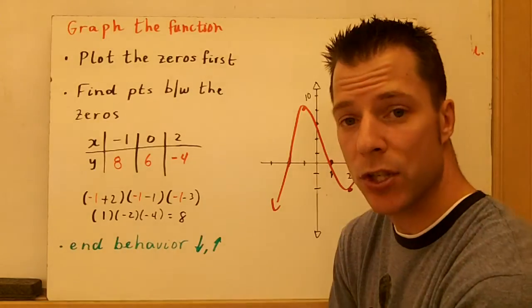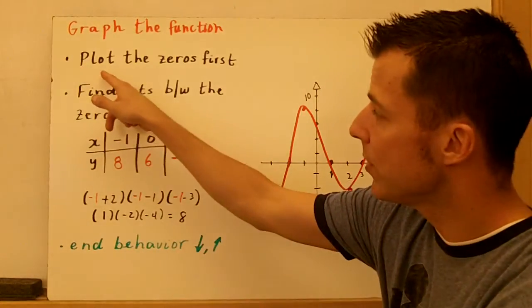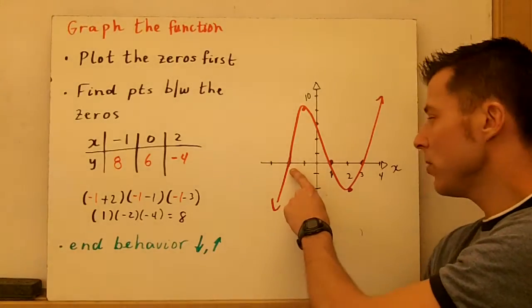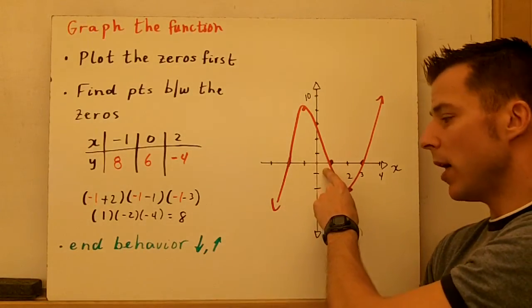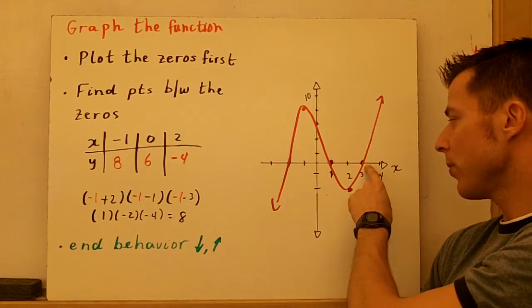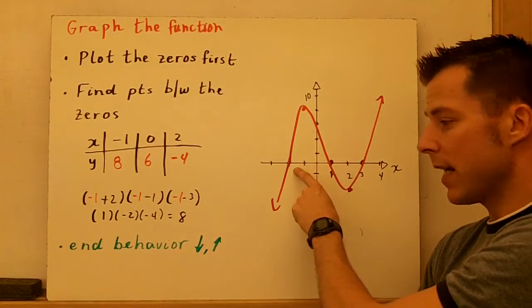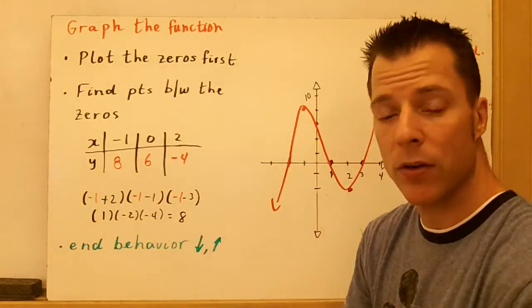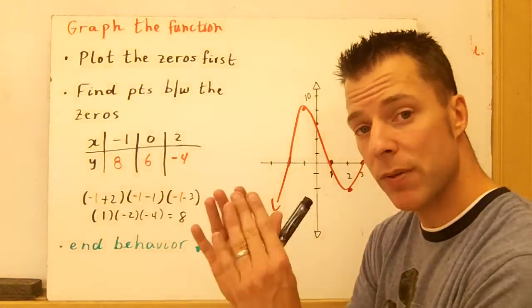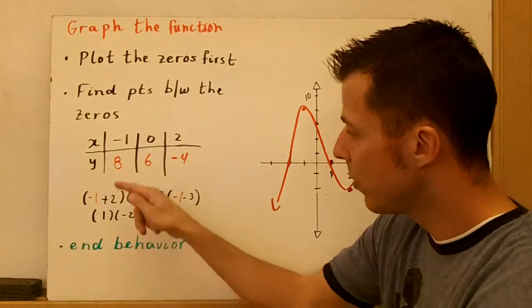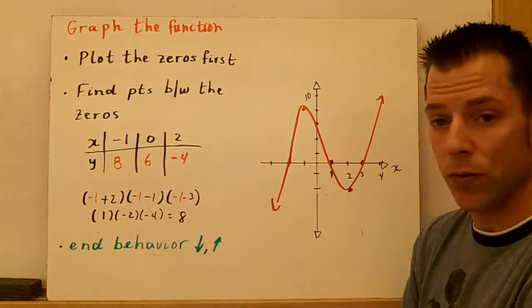Part 2 of this is to graph the function. I know the zeros, so let's plot the zeros: x equals negative 2, x equals 1, and x equals 3. Those are my zeros I plot first. Now we have to figure out how the function behaves in between the zeros, so let's find some points between the zeros. Notice I picked negative 1, 0, and 2.